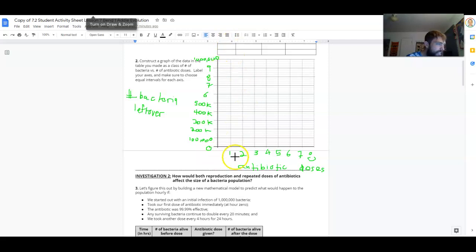And then we just look at the table and see how many bacteria were left after 1 dose? And I can tell you that we had 100,000 left. Then you'll make the rest of the points, wherever they may be, and then you'll make the line. I just randomly put those, but you're going to make your own line and then start interpreting that.